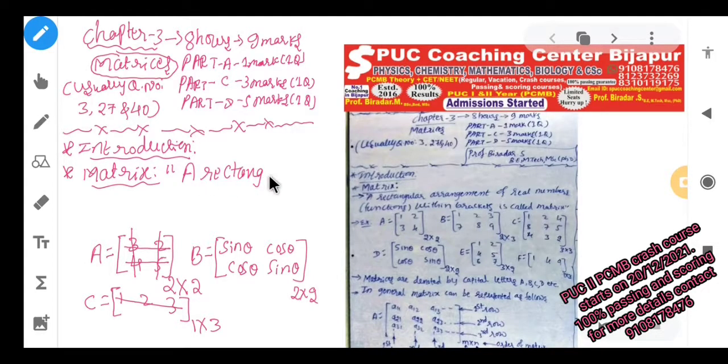Just arrangement, we can take it like that, or we can mention it as a rectangular square arrangement. A rectangular arrangement of what? They are the real numbers or else real functions.